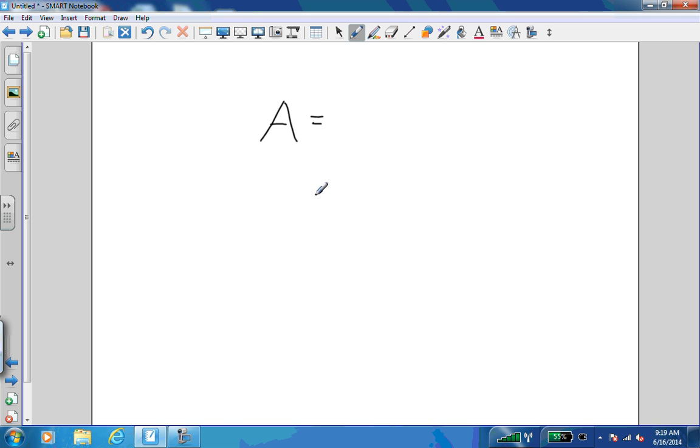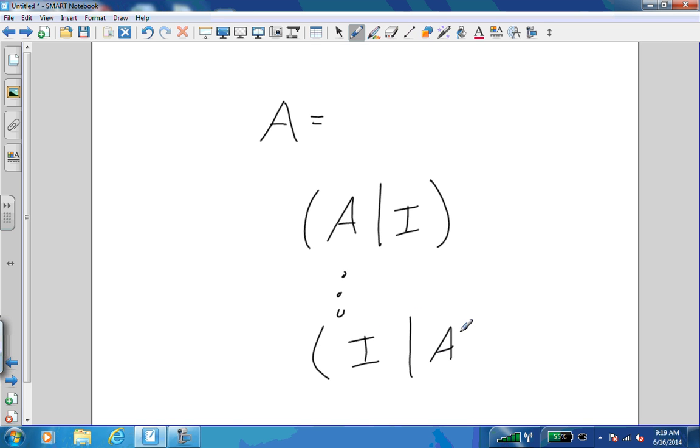The way we first got the inverse of a matrix is we made an augmented matrix, and we did multiple elementary operations on the left side until it became the identity, and then whatever we had on the right, once we had the identity on the left, was our inverse.